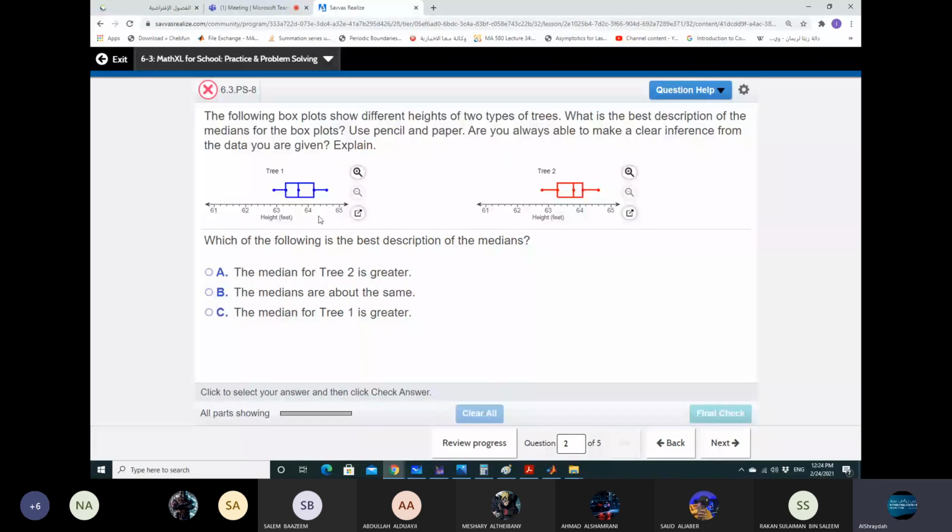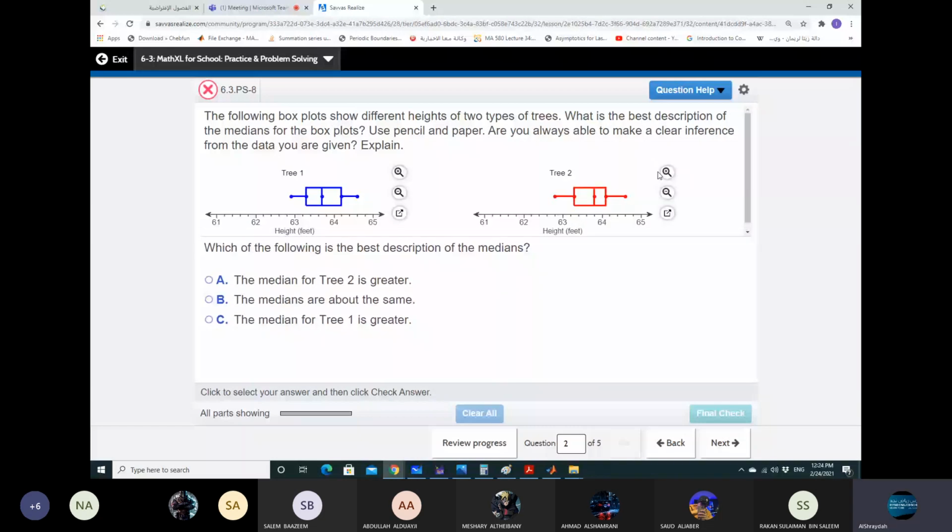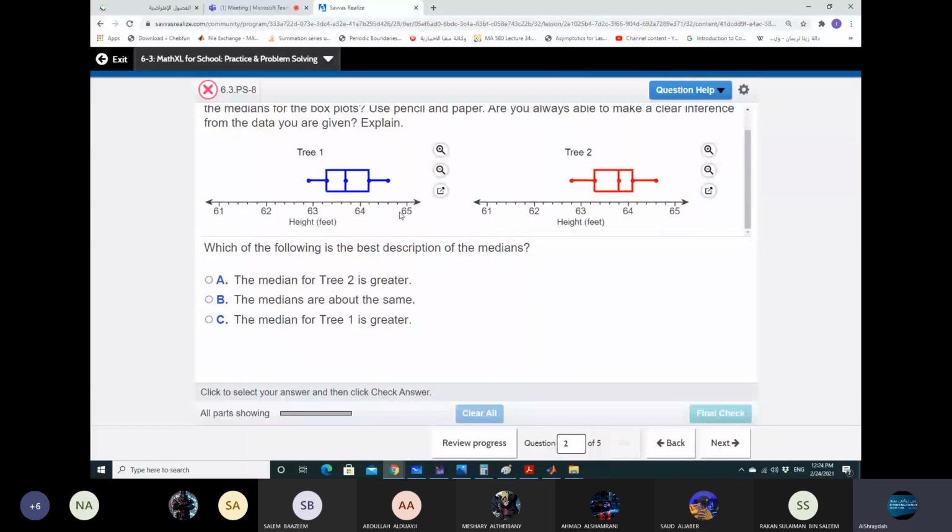Let's see. What about this? This is a similar question. I think it's easier, or not easier? Yeah, teacher, it's easy. Can I answer? It's tree 1 that is greater. Oh, no, it's tree 2. Tree 2 is greater.